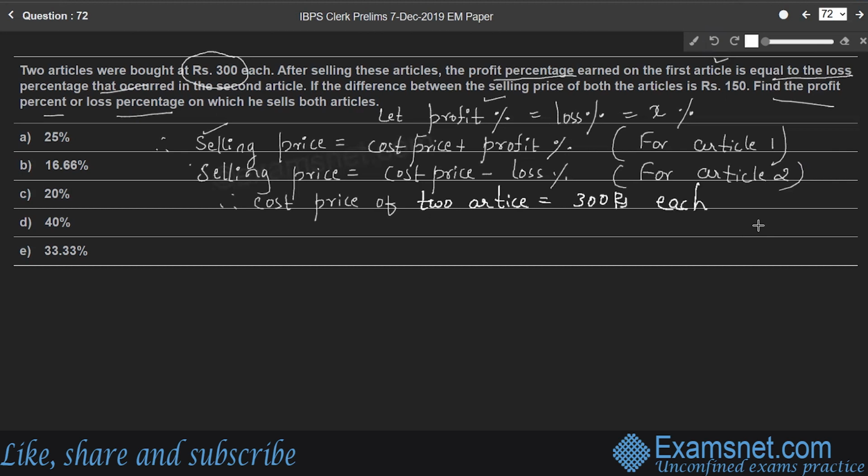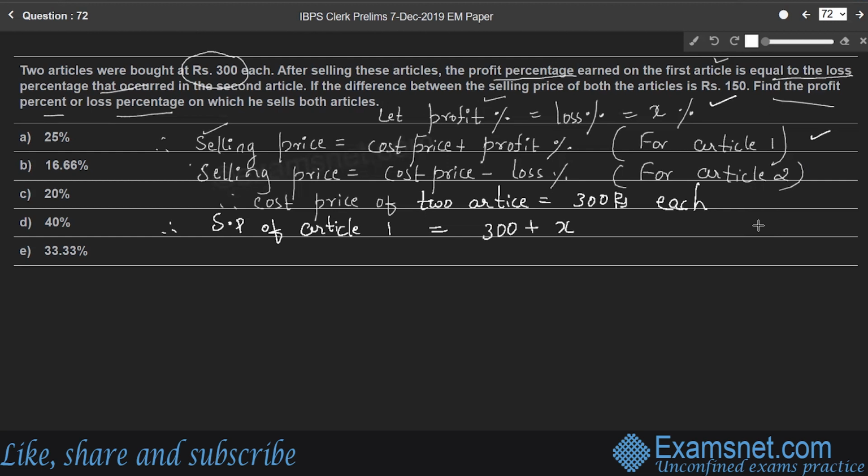That means each article costs 300 rupees, right? Therefore, the selling price of article 1 is equal to, according to the formula, cost price 300 plus profit percentage. According to our assumption, it is X percentage.